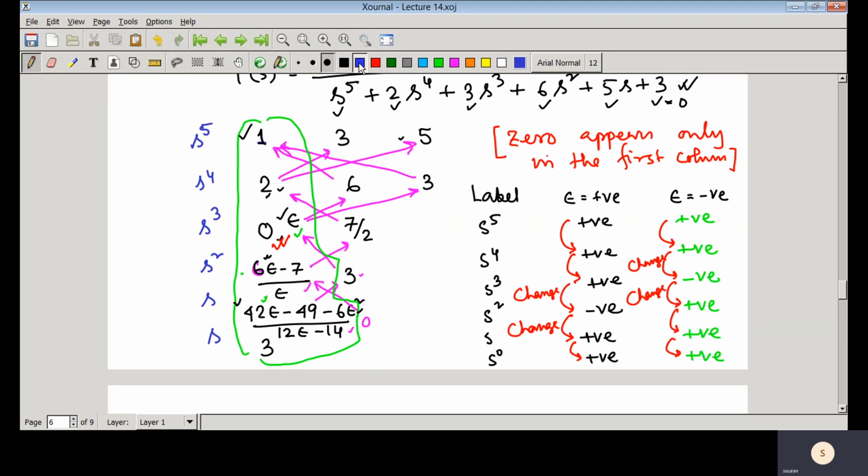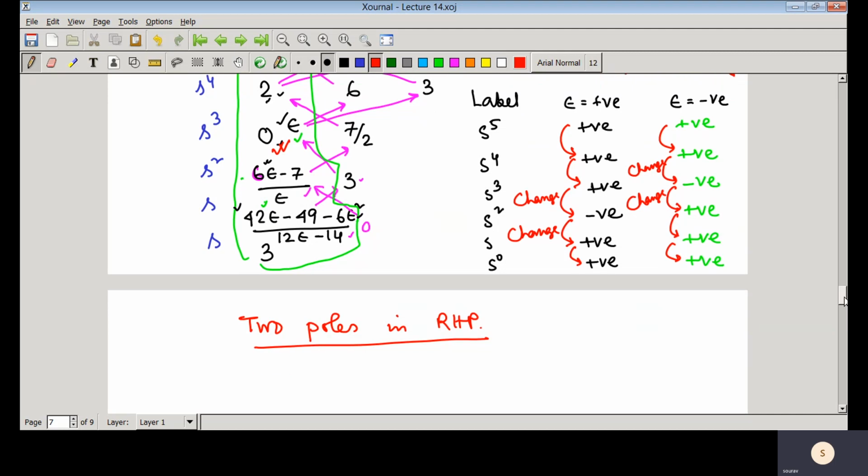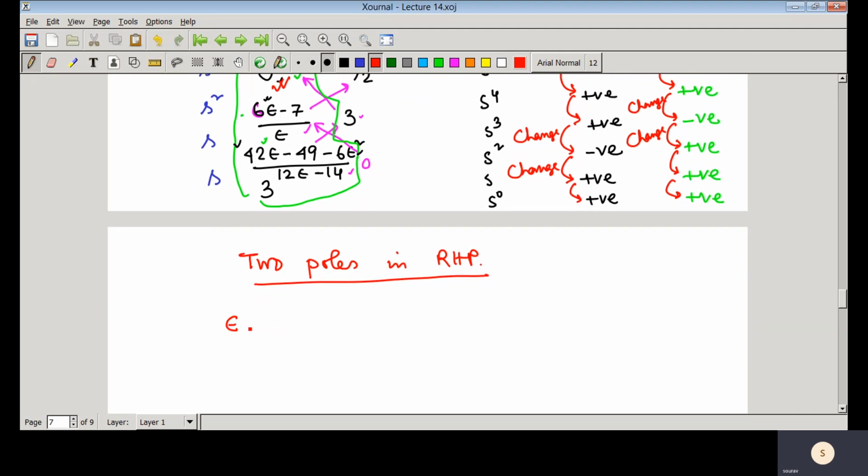So two sign changes in the first column, so that means two poles. So here you can see that two poles in right half plane. So this particular method is called the epsilon method.